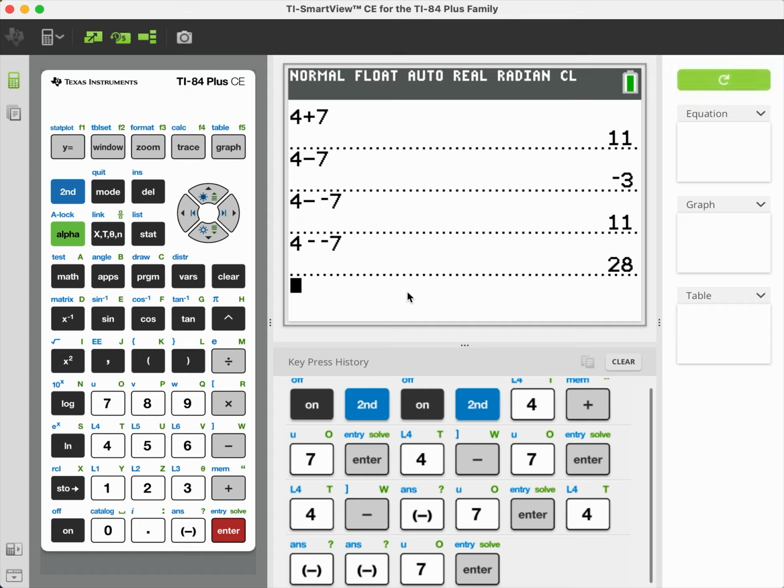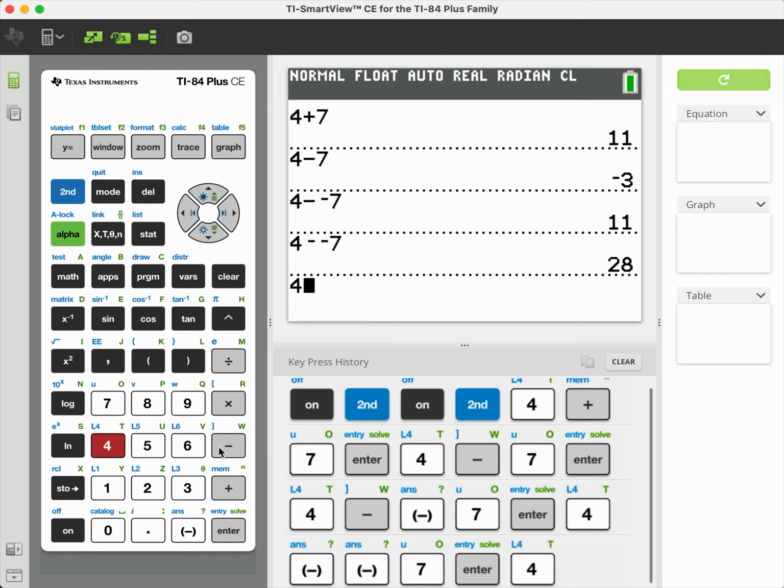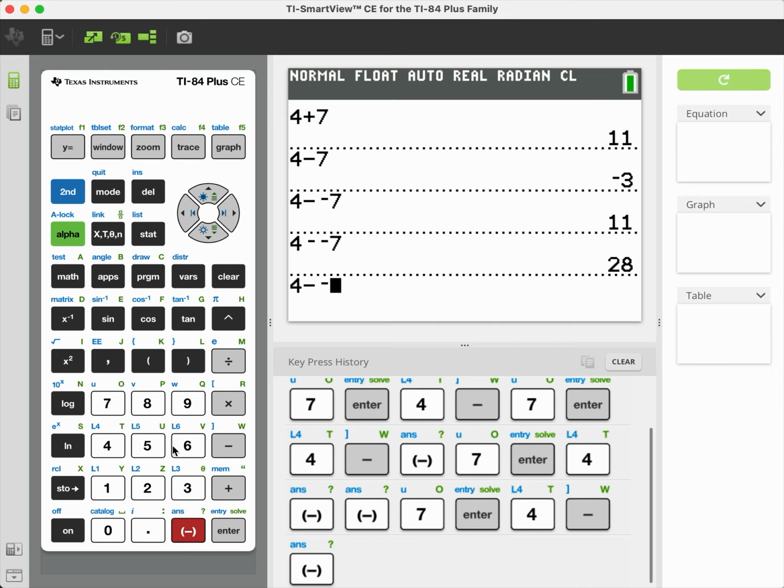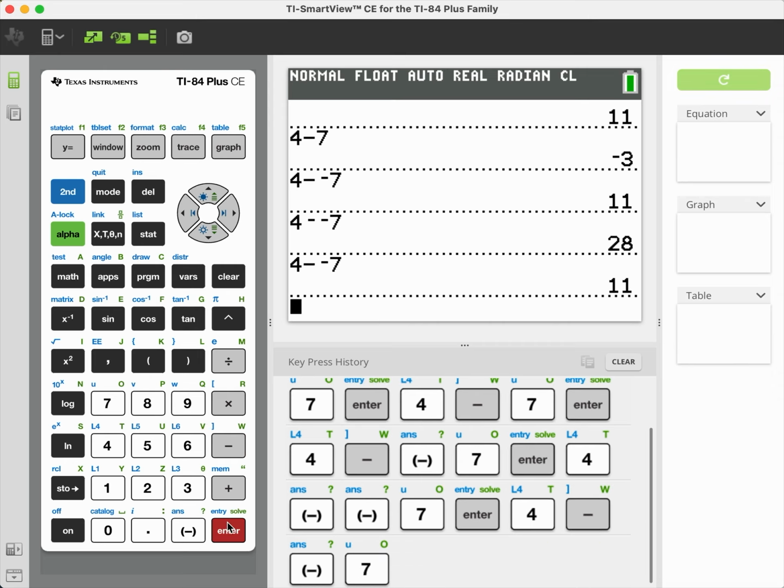That would be +1. So 4 times 1 times 7 would indeed be 28. So what is happening when you are using that negative button? It's operating like multiply by -1. So 4 take away -7 is 4 subtract -1 times 7. Yes, that will be 11.